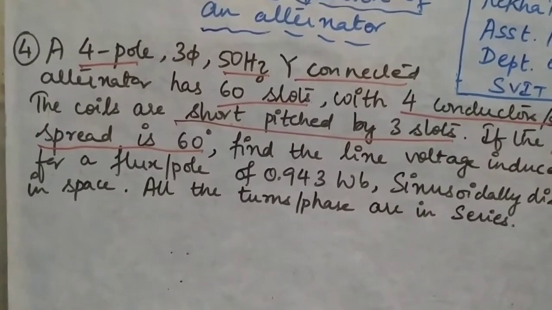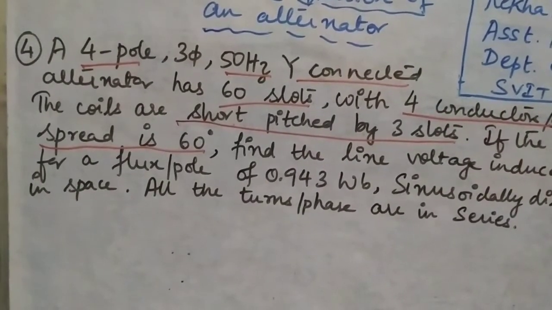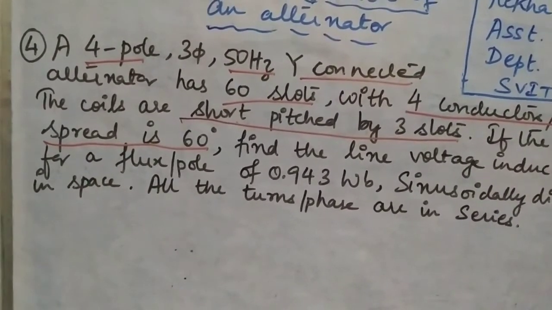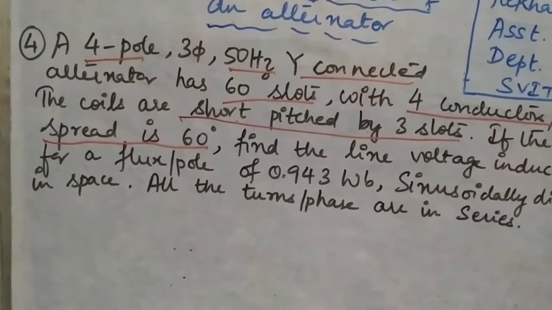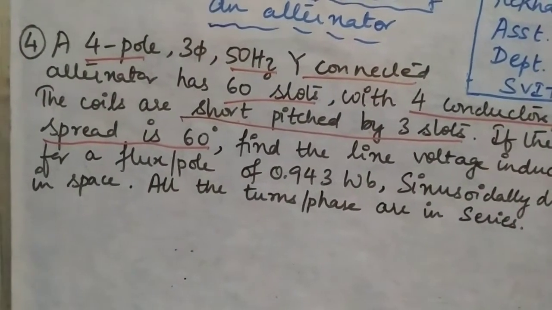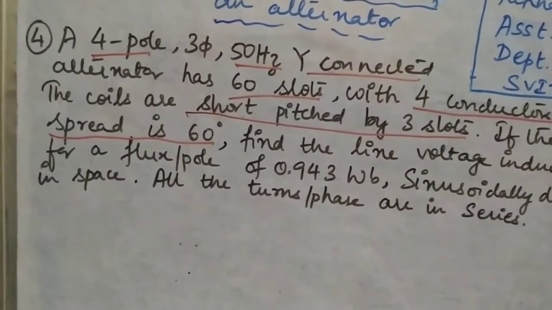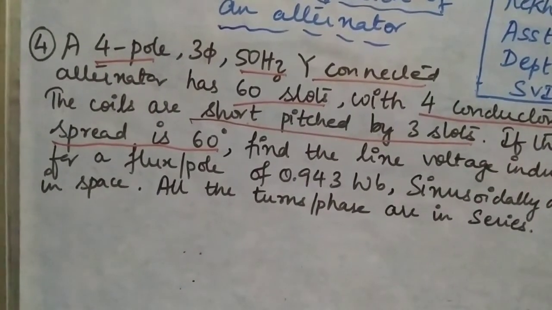It is nothing but how many times the coils are short pitched. So if it is short pitched by 3 times, alpha will be taken as 3 times beta. If it is 2 times less than the pole pitch, it will be taken as alpha equal to 2 times beta.